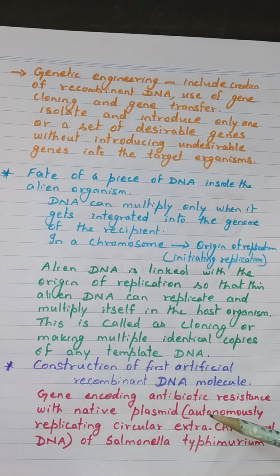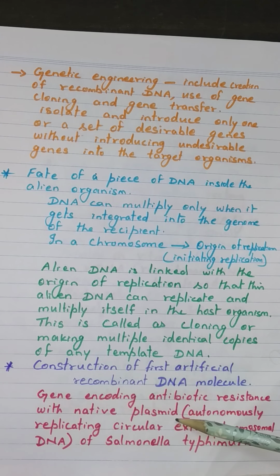It can multiply by itself. That is, autonomously replicating circular extra-chromosomal DNA. It is not along with the normal chromosome, it is extra-chromosomal, but inside the cell. It is circular in shape. And it can replicate by itself.